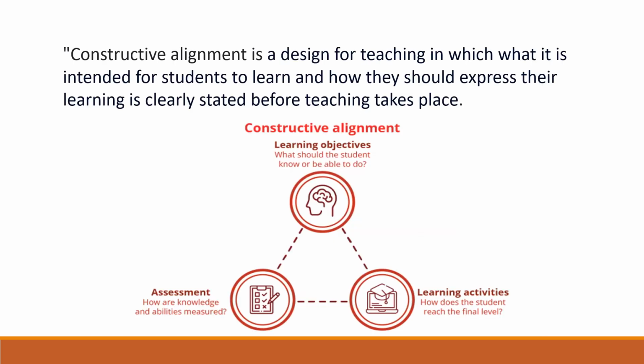Constructive alignment is a design for teaching in which what is intended for the student to learn and how they should express their learning is clearly stated before teaching takes place. You look at the course, tell yourself this is how the student is going to learn, and of course determine what the criteria are to assess whether the student has learned what you want them to learn.